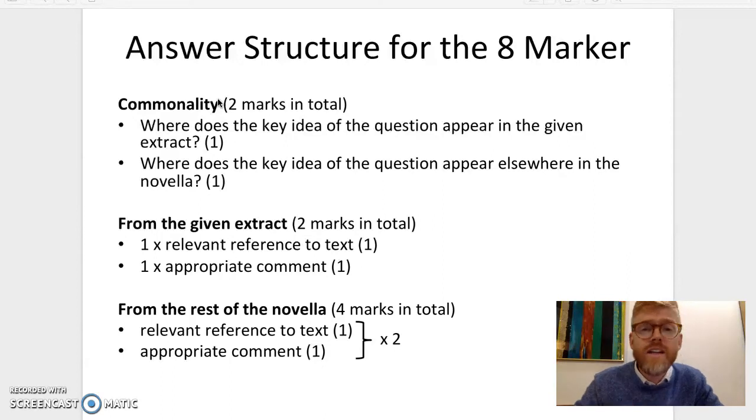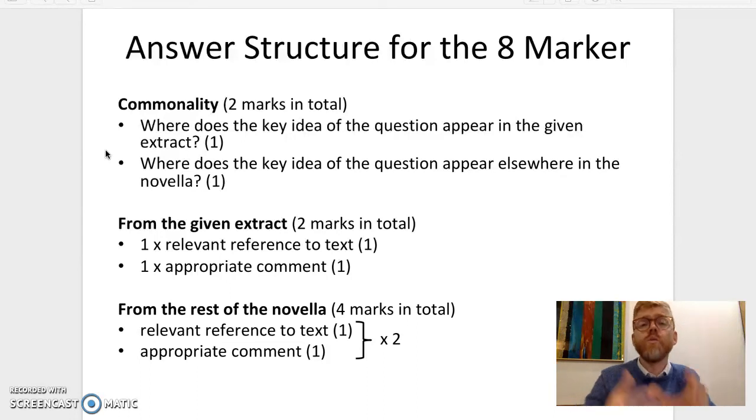So I have changed my thinking on commonality over the last 18 months. And in line with some conversations I've had with other teachers and work that I've done with the SQA, I think in some ways the easiest way to think about it is, where does the key idea of the question appear in the given extract?